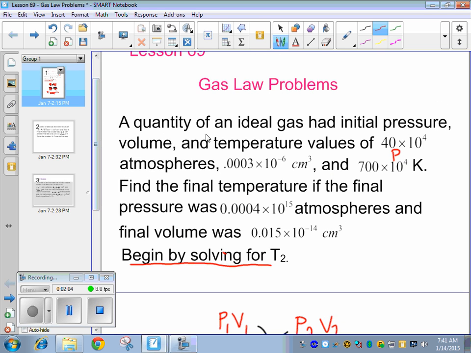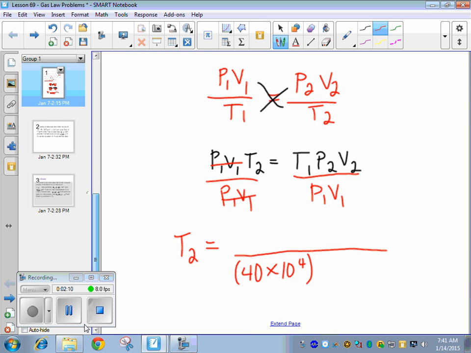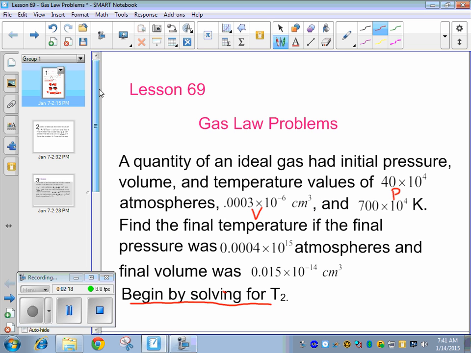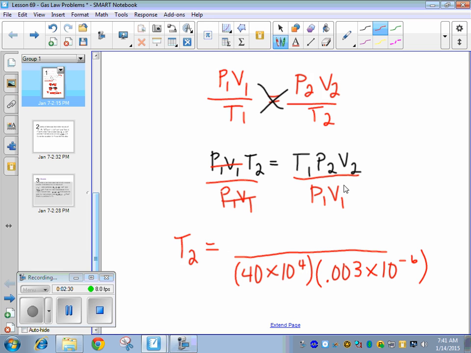The next one was volume, centimeters cubed, so 0.003 times 10 to the negative 6 is my initial volume. The last one, kelvins, is my temperature, so 700 times 10 to the fourth is my initial temperature.